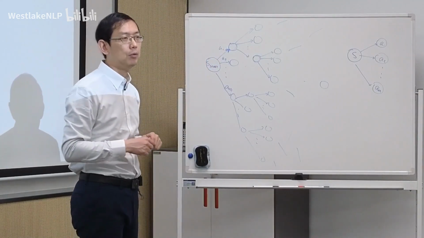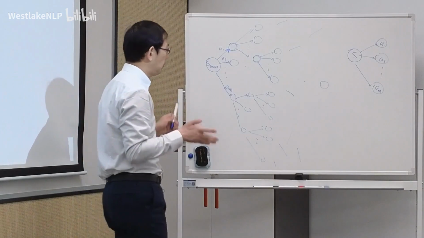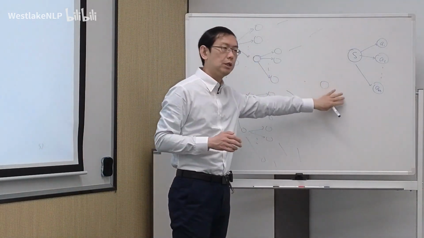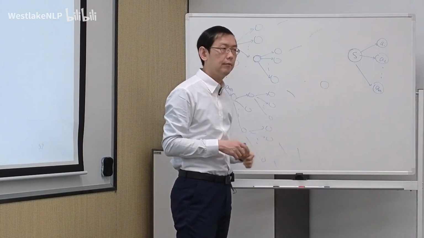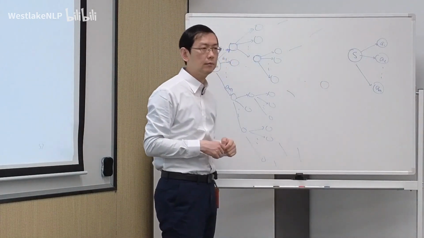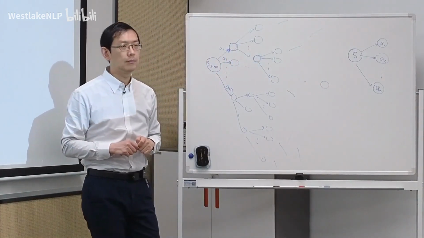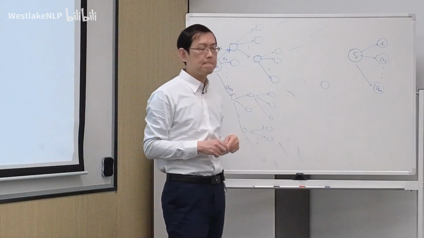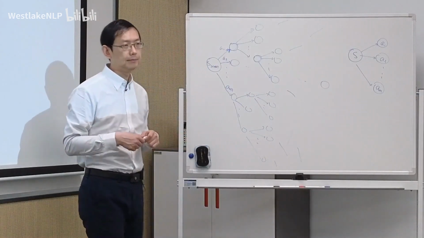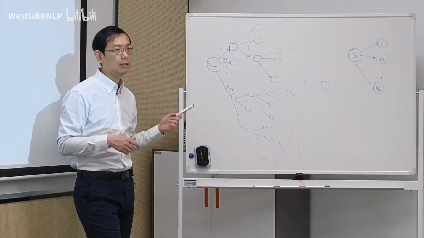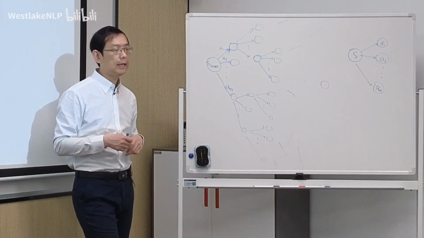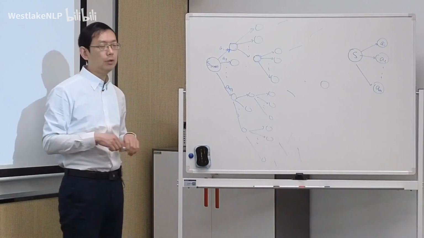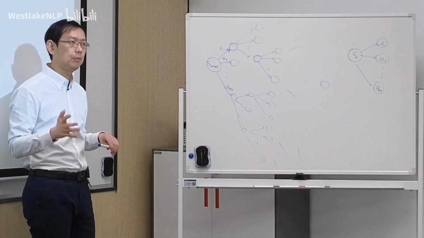What about dynamic programming? Dynamic programming helps you to find the optimal sequence of actions as a whole. Can you do that? For modeling, we can do it. We can build a global model, just as we did for sequence labeling and sequence segmentation. But for decoding, we cannot use dynamic programming.